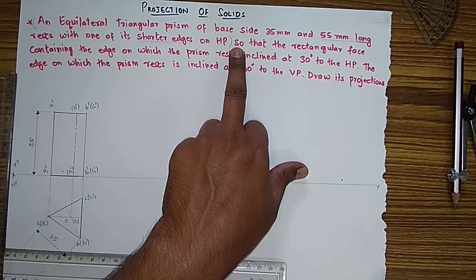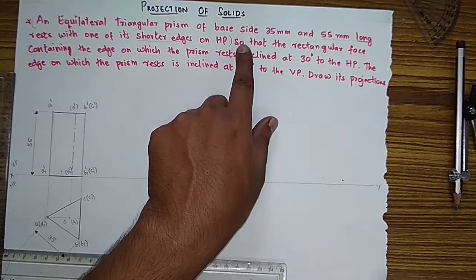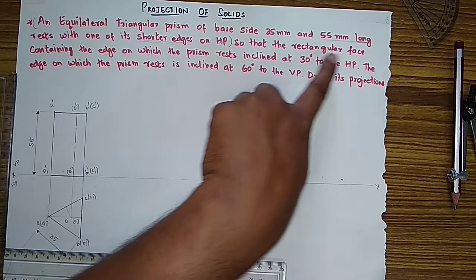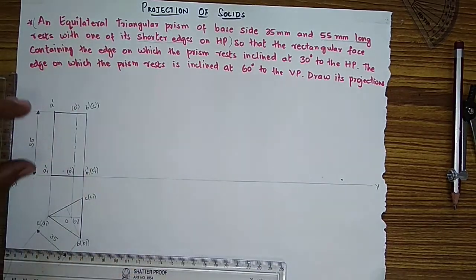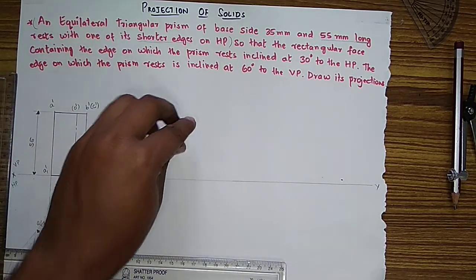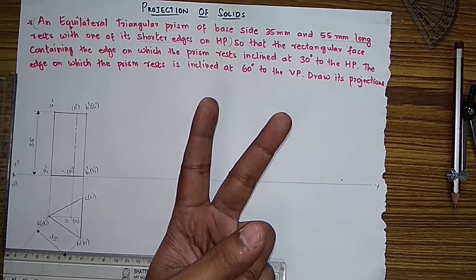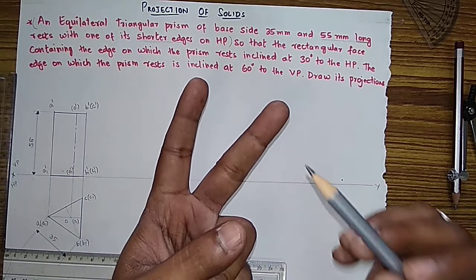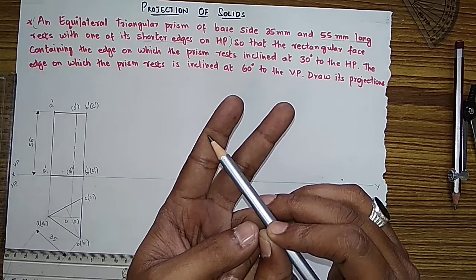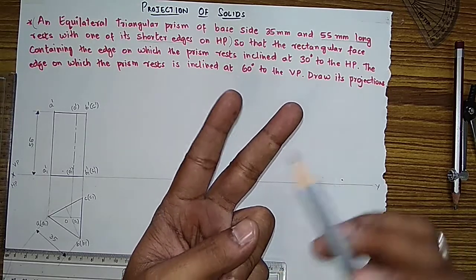Now next, for the second projection, after drawing this you have to come here. Here you have to see two things: the angle, and on that angle what you have to rest.